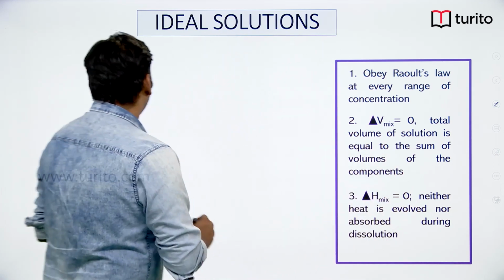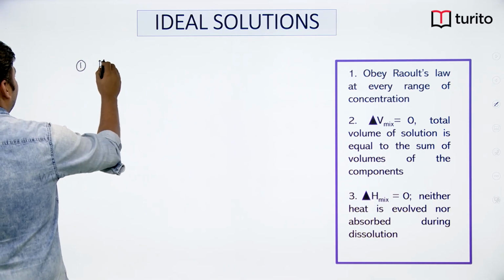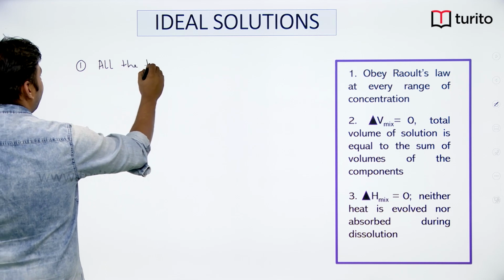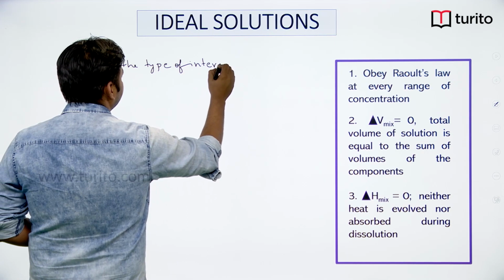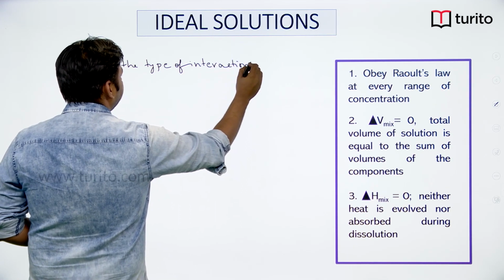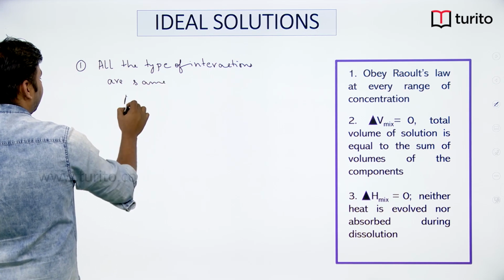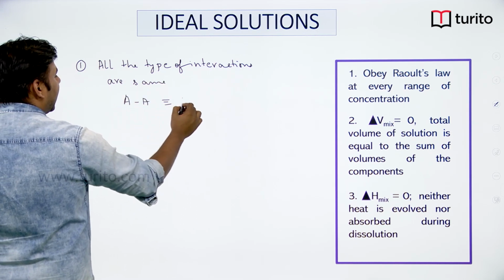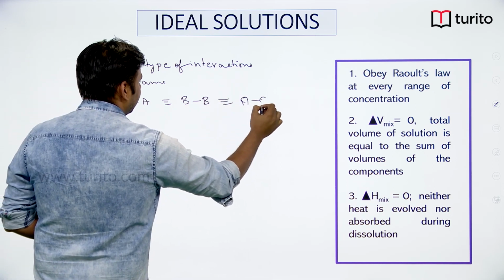So the first and foremost point is, in an ideal solution we say that all the types of interactions are the same. That is, AA interaction is the same as BB, and BB interaction is the same as AB.